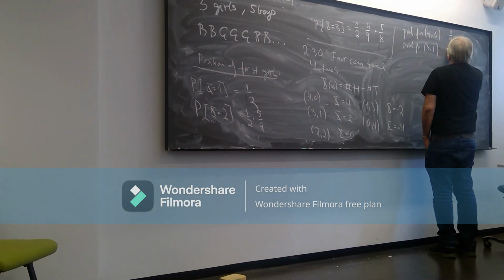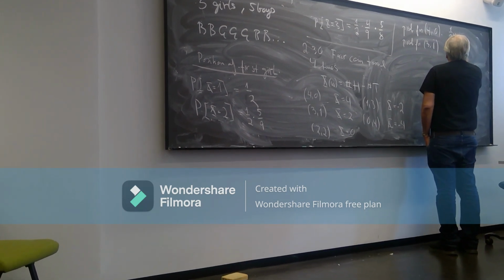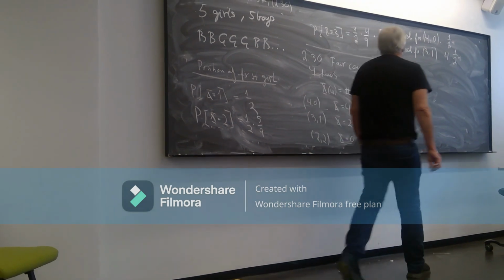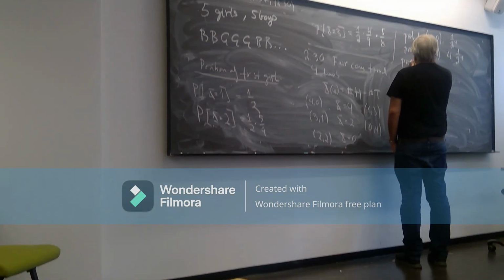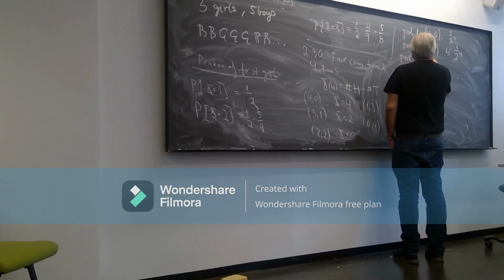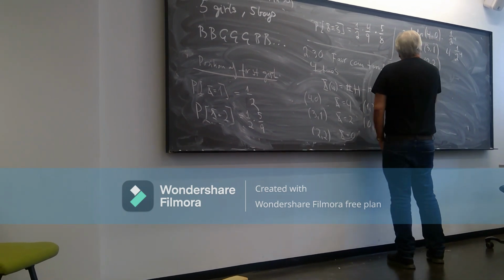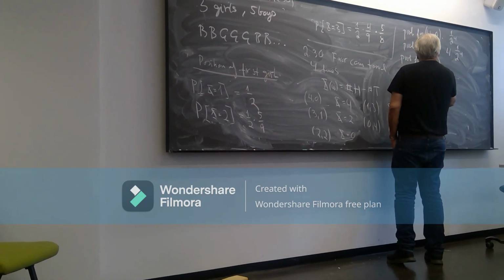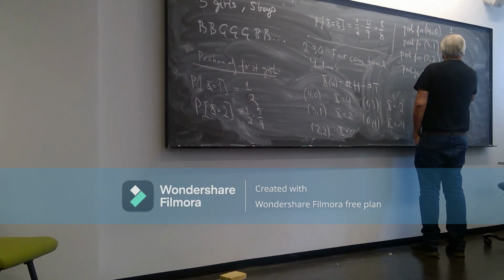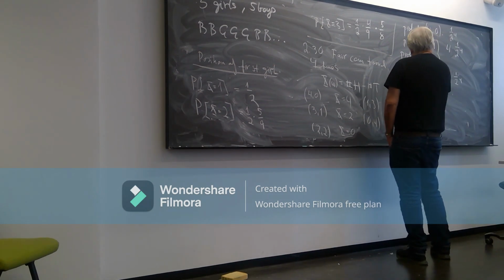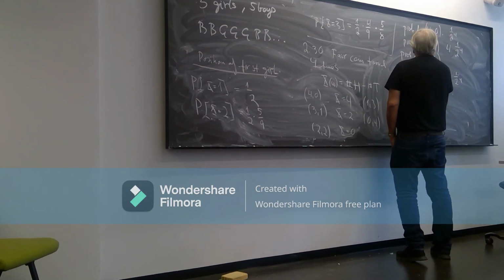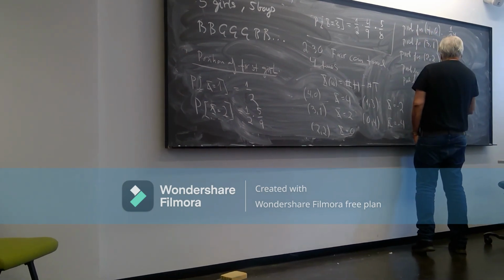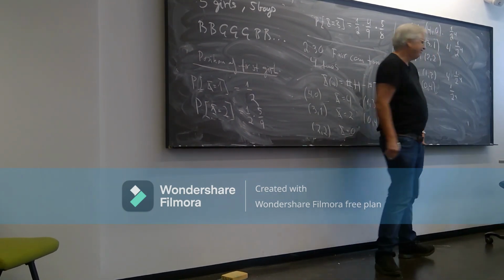So the probability for this one is 4 times 1 over 2 to the power 4. And by the way, the other ones down here are symmetrical. So the probability for 1, 3 is 4 times 1 over 2 to the 4. And the probability for 0, 4 must be the same as for 4, 0. So 1 over 2 to the power 4.